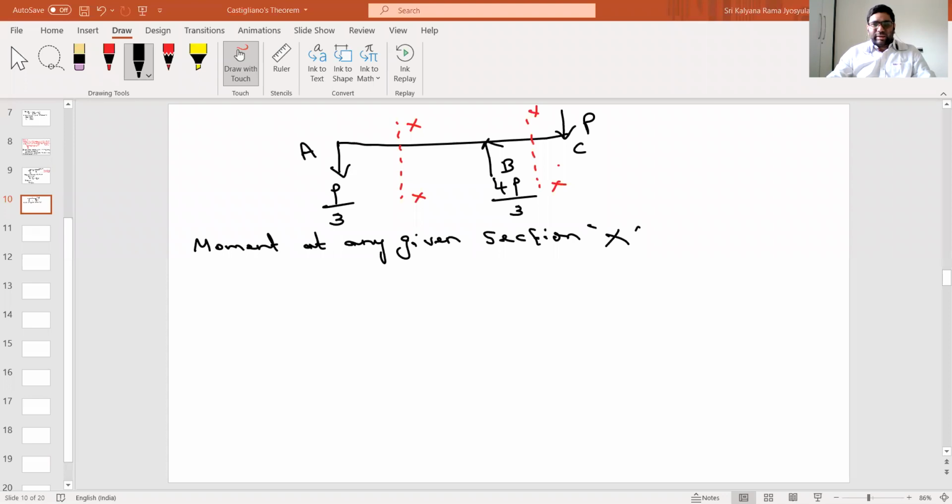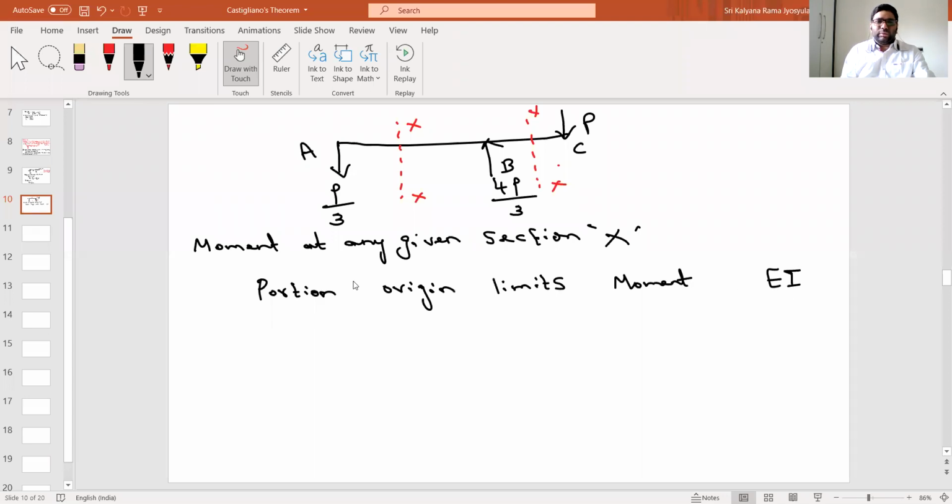So moment at any given section X. So first: portion, origin, limits, moment, and EI.